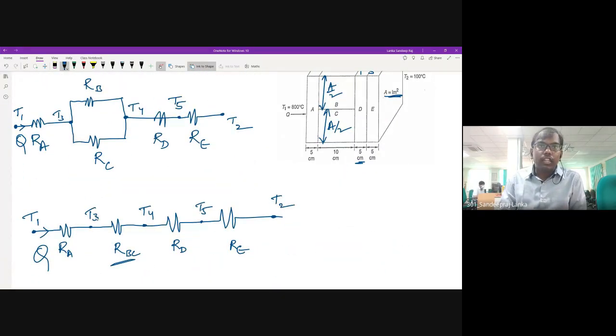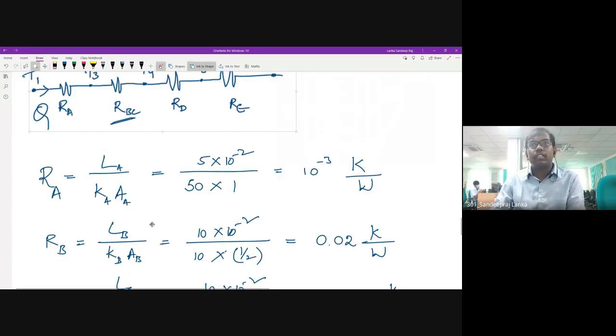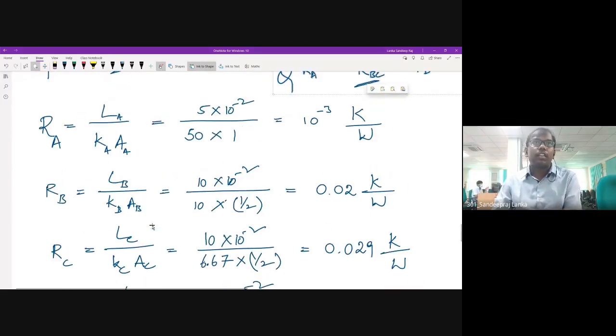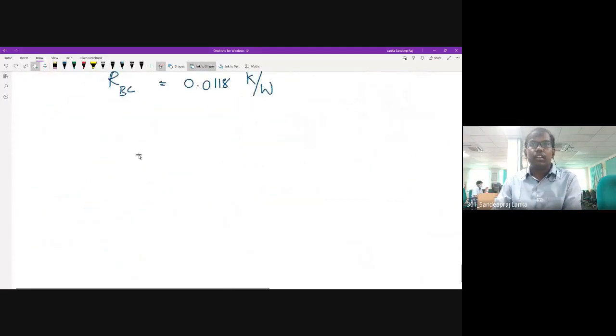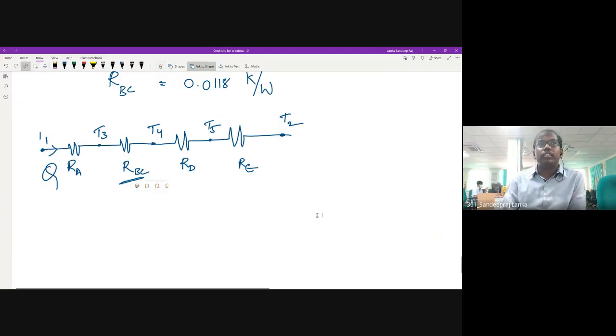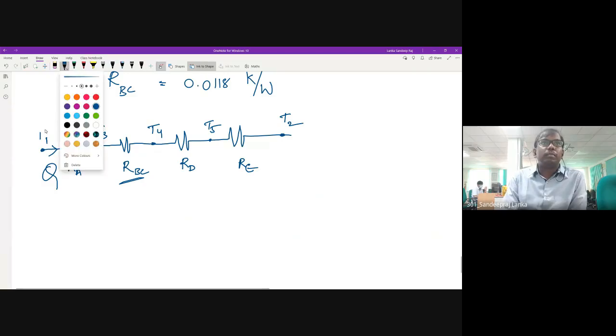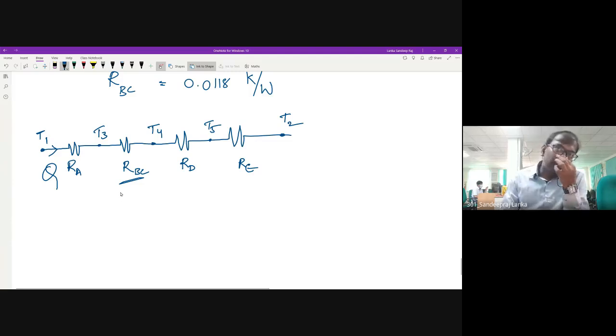Now that you have this, this is your resistance circuit. Let me take this resistance circuit and put it at the bottom again. Yeah, this is what the diagram is. We have RA, RBC, RD, RE with you.